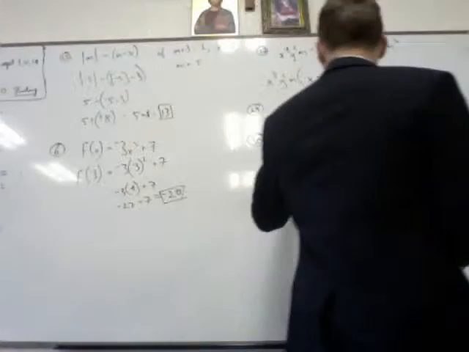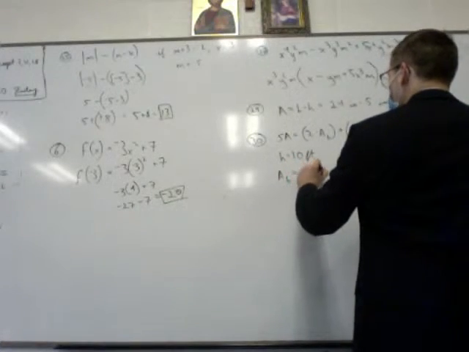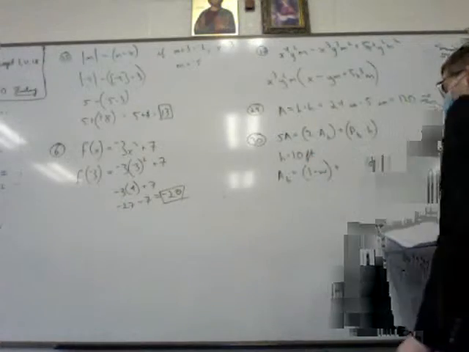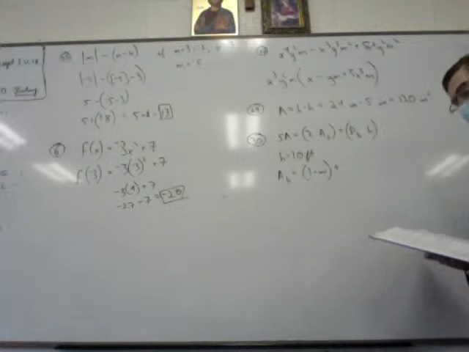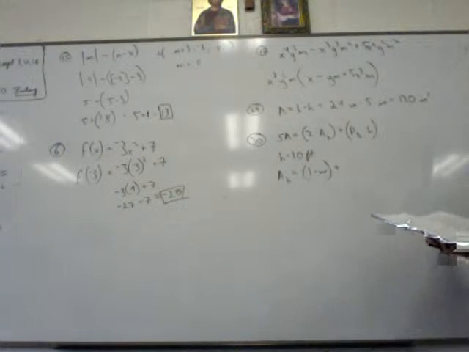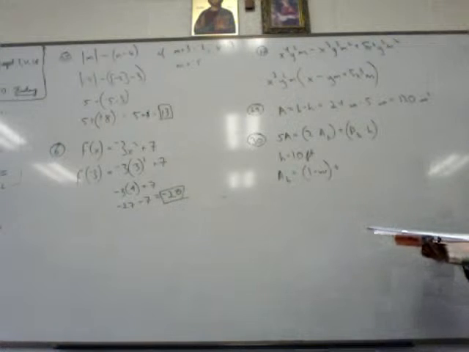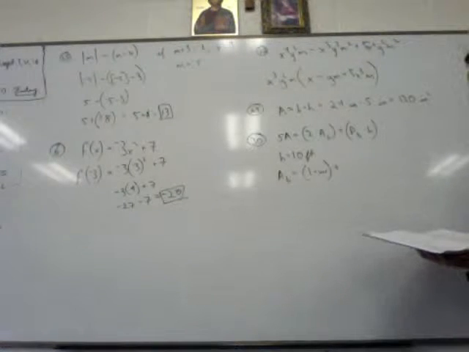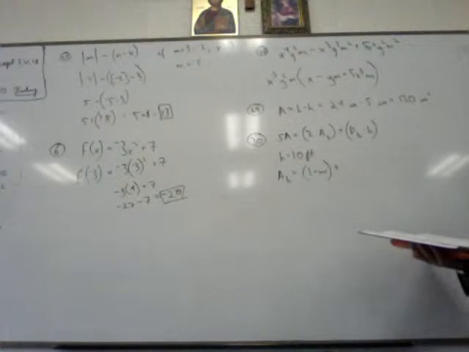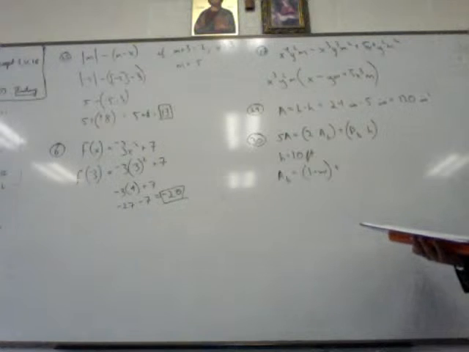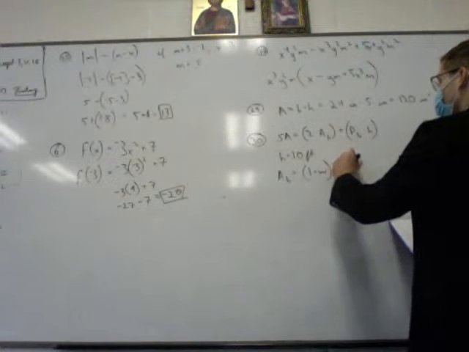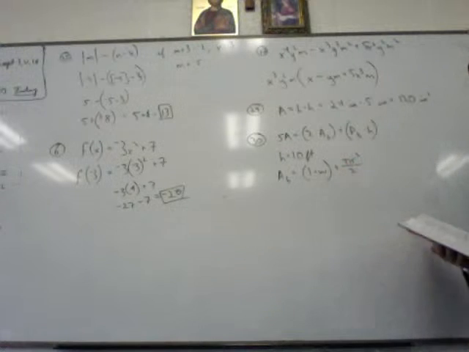How do we find the area of the semicircle? Pi r squared divided by 2, since it's half of a circle.